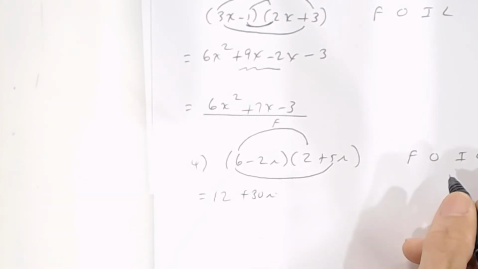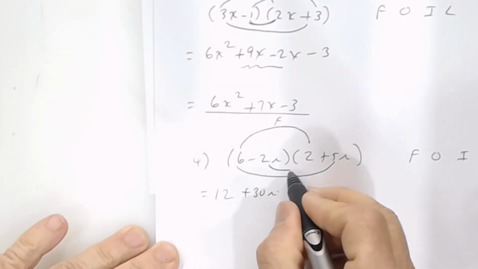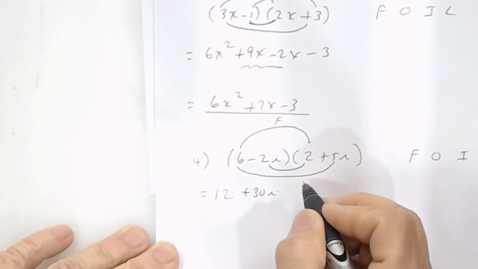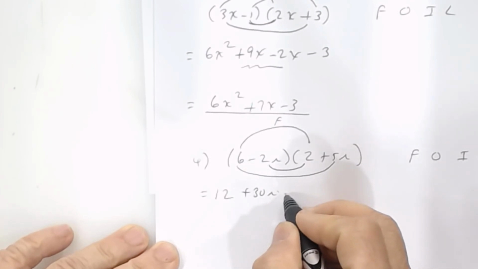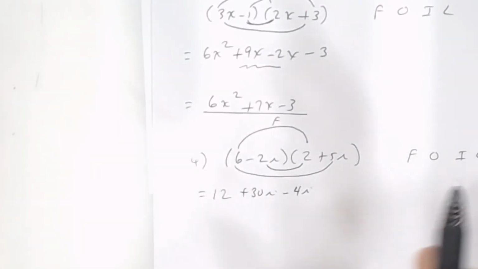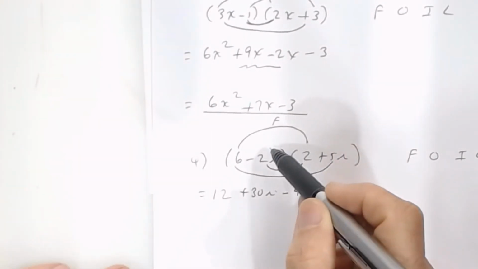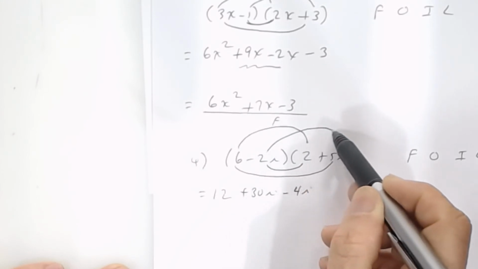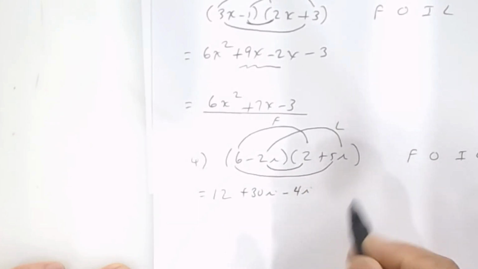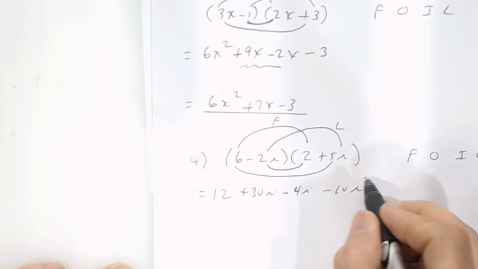I stands for what? Inner, the inside terms. Which terms are the inside terms? Negative 2i and 2. What do I get? Negative 4i. And the L stands for the last terms of each binomial. What are the last terms of each binomial? Negative 2i and 5i. So what's negative 2i times 5i? Negative 10i squared.